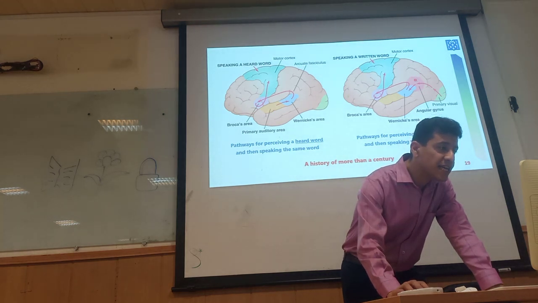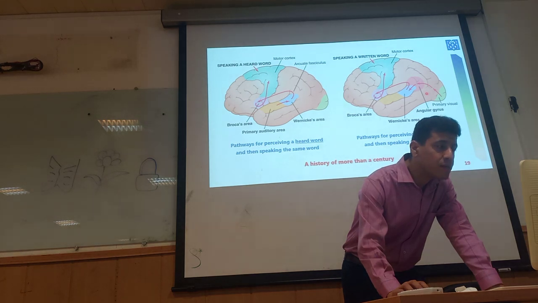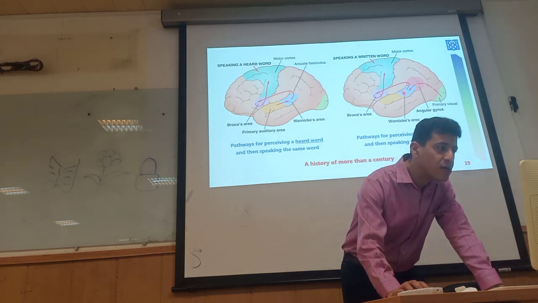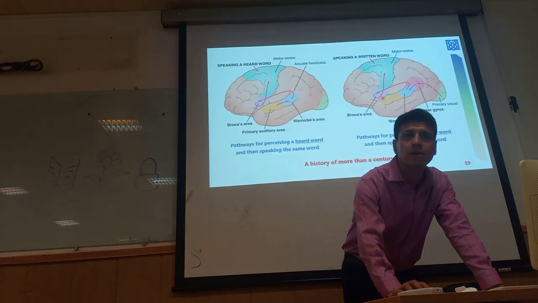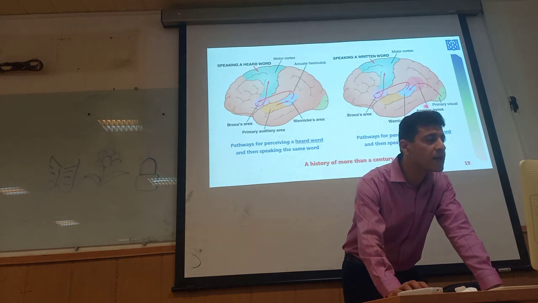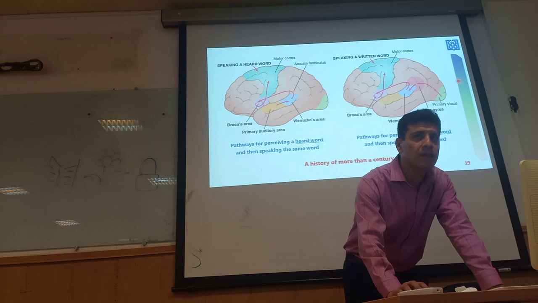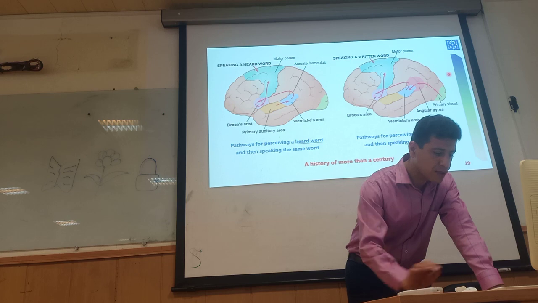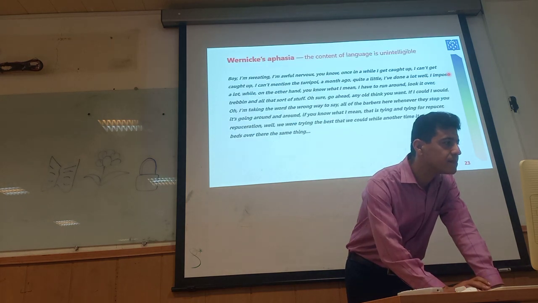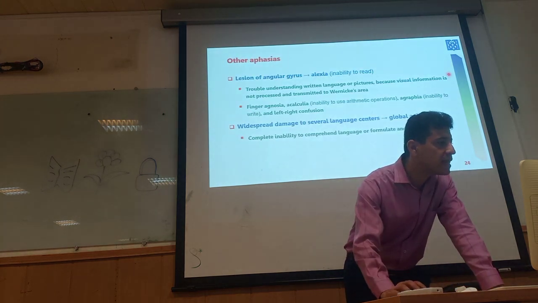So, if there is damage here, what happens? Wernicke's area is normal, Broca's area is normal, so the person can easily talk, they can understand you, but they cannot read. Okay? So they cannot read, they cannot understand anything from the written word. So we call this alexia, inability to read.